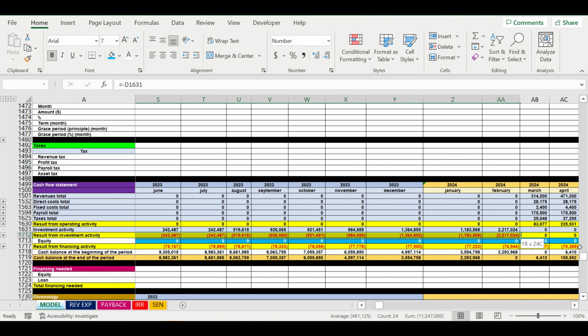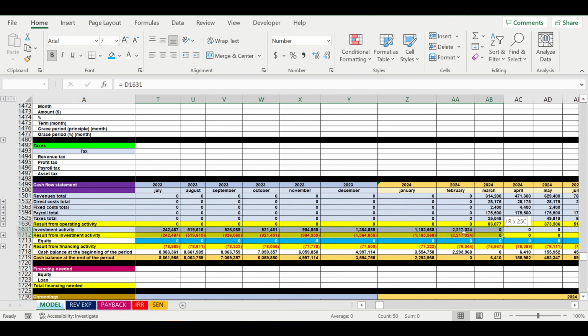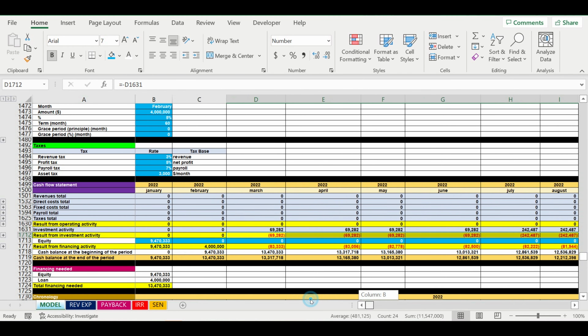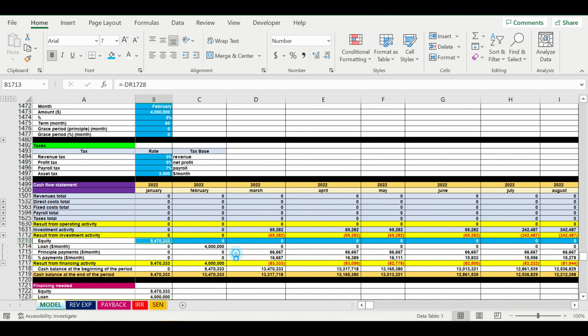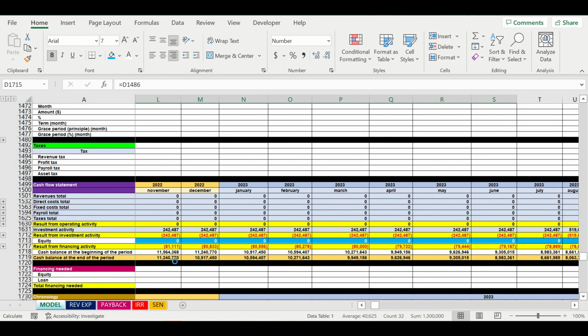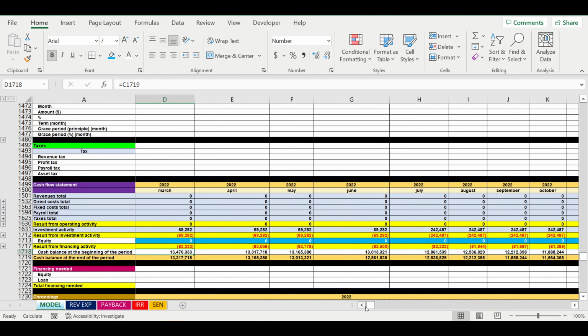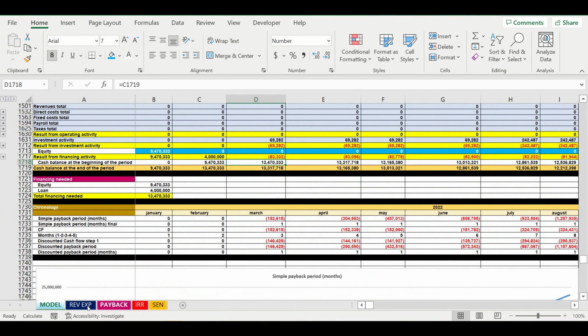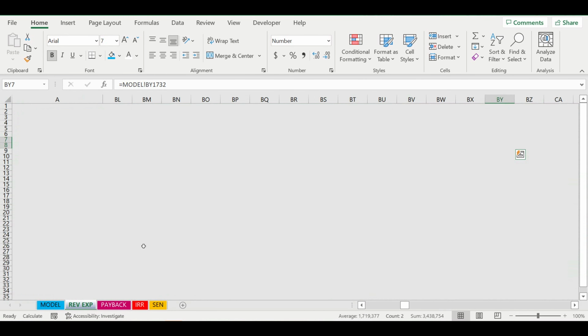Then we can see the amount of equity that we need. We can also see where we get the loan and the payments for the loan, and also the total amount of financing that we need to start this project.